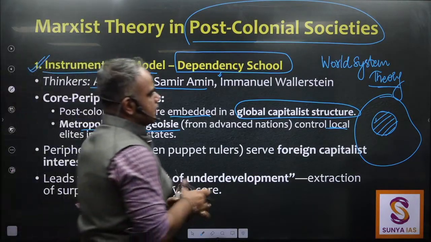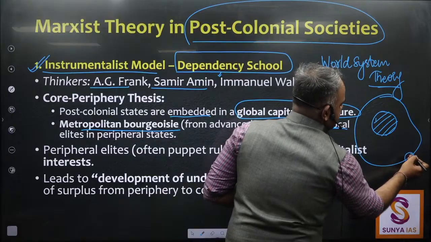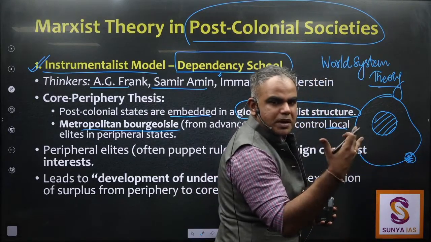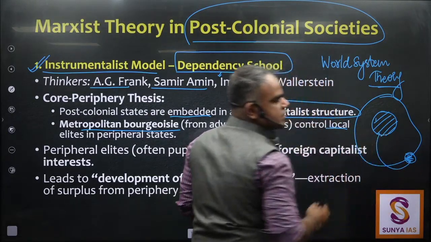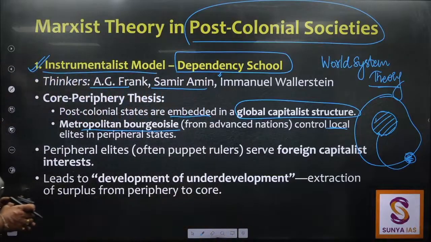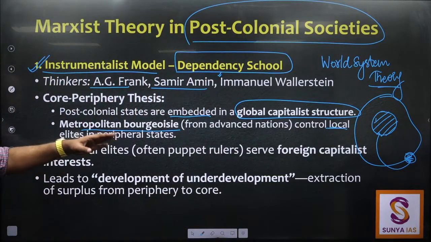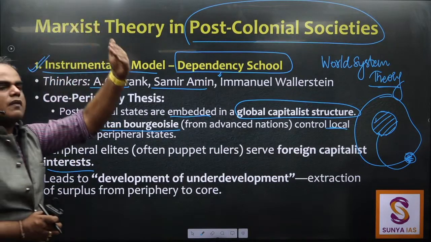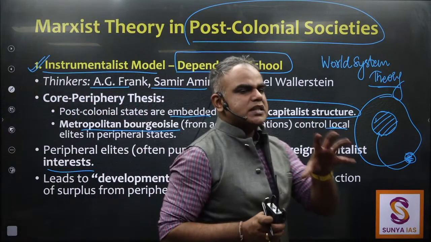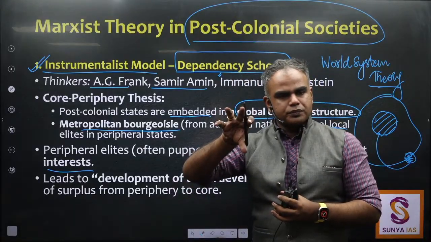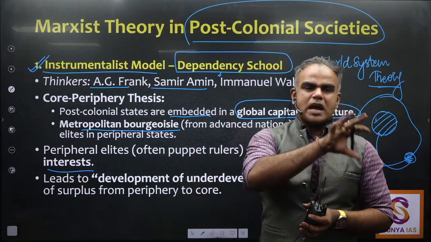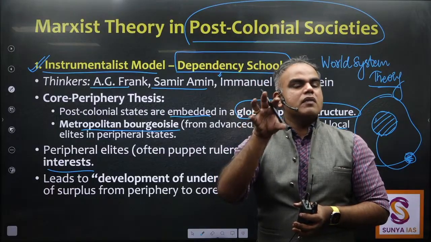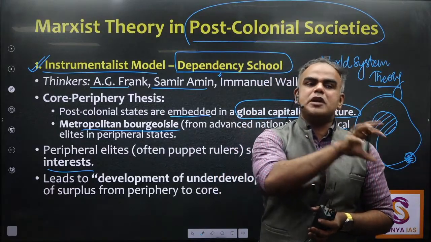Second, even in Africa, if MNCs do some development, they will extract all the resources. So peripheral elites serve the interests of these advanced nations. There are two things here: one is core and one is periphery. The development of the core will happen because of the underdevelopment of the periphery.